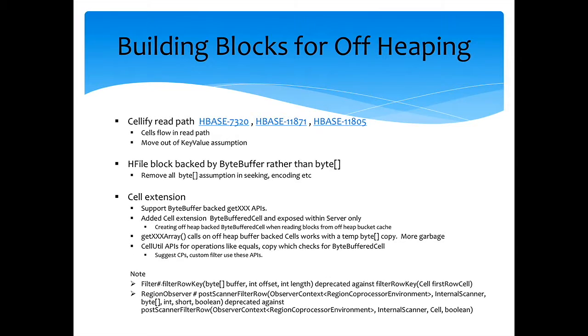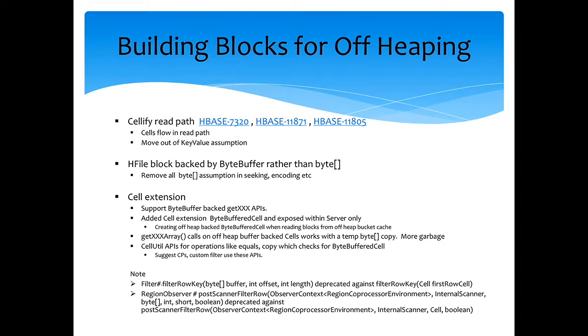In the case of the publicly exposed filters and our RegionObserver coprocessor, there were two places where we had this byte array. Say in postScannerFilterRow, and in filterRowKey itself, we were passing the byte array. When a filter is in place, we have to call that API again, and we will end up copying the data.